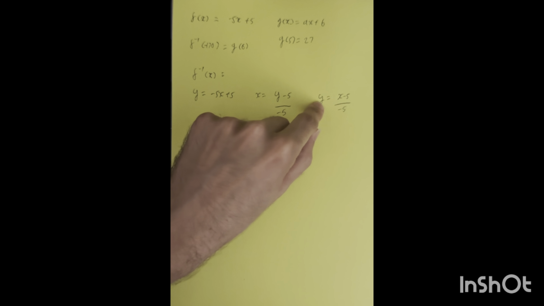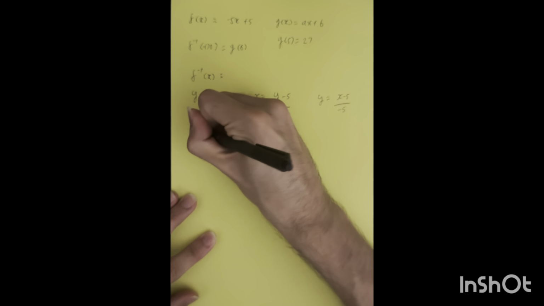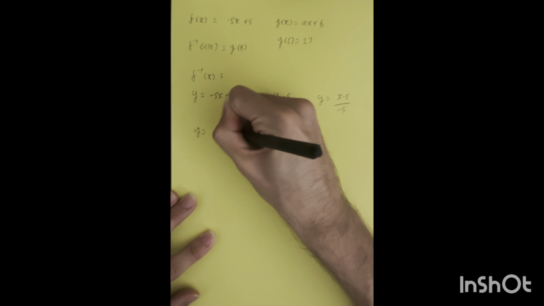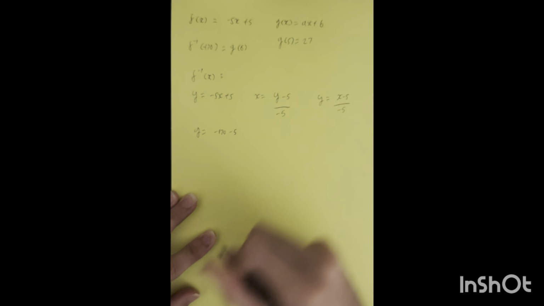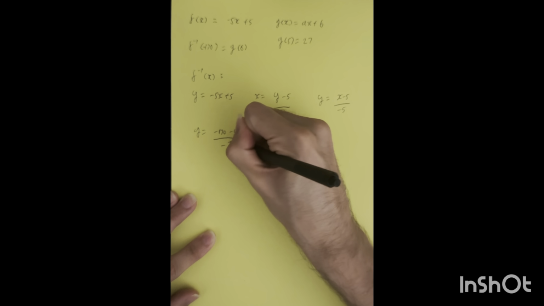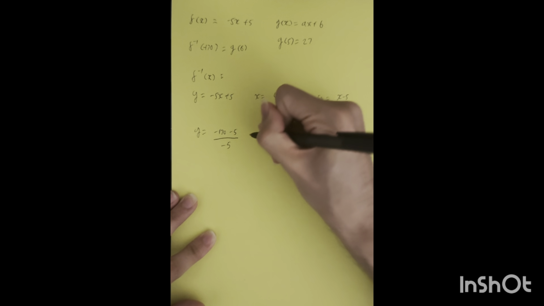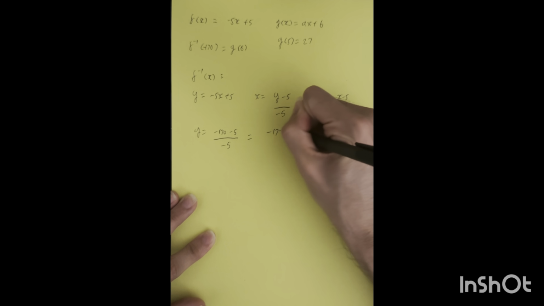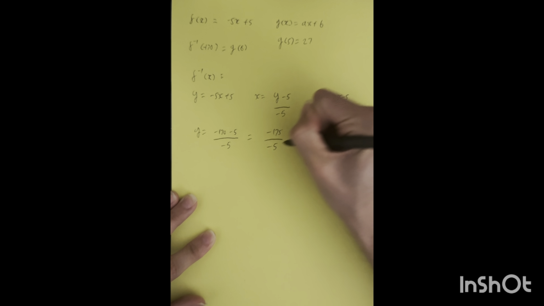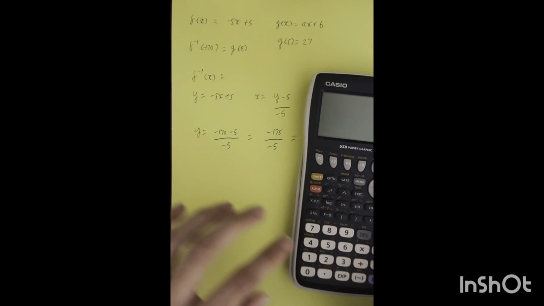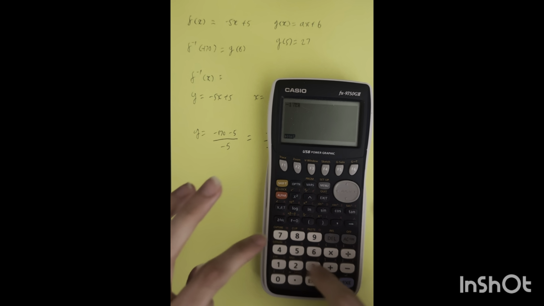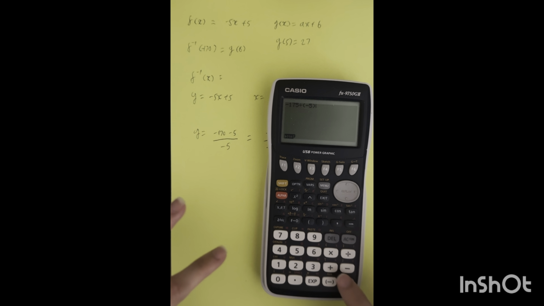Now if we substitute minus 170 into the inverse, y equals minus 170 minus 5 divided by minus 5. That equals minus 175 over minus 5, which on the calculator gives 35.